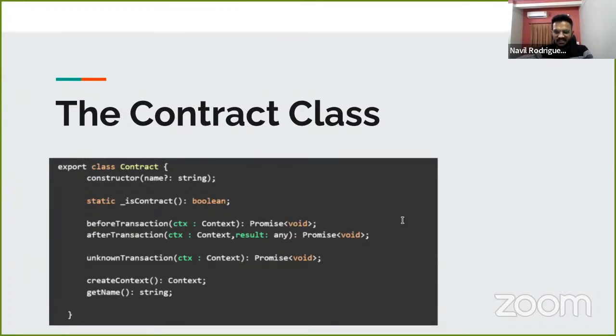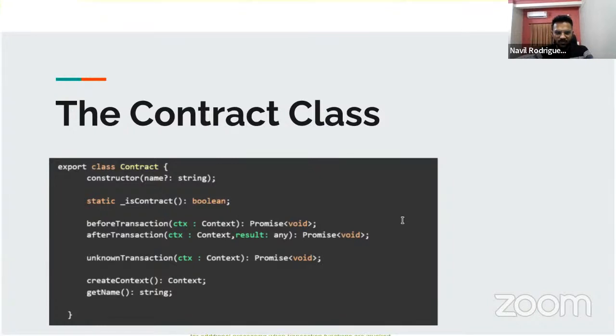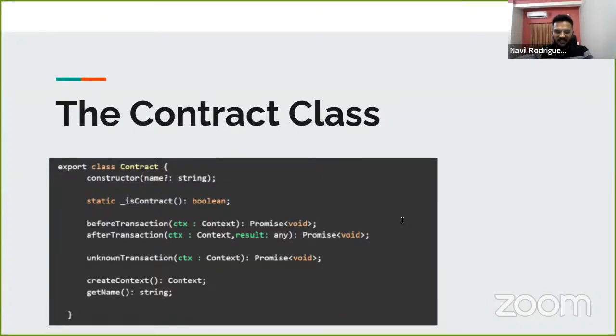Again, we can override this default method and use our own logic. Then is unknownTransaction. This is a function which is invoked when a requested transaction by the transaction creator does not match any of the functions present in the smart contract. Again, we can override this default method and use our own logic.